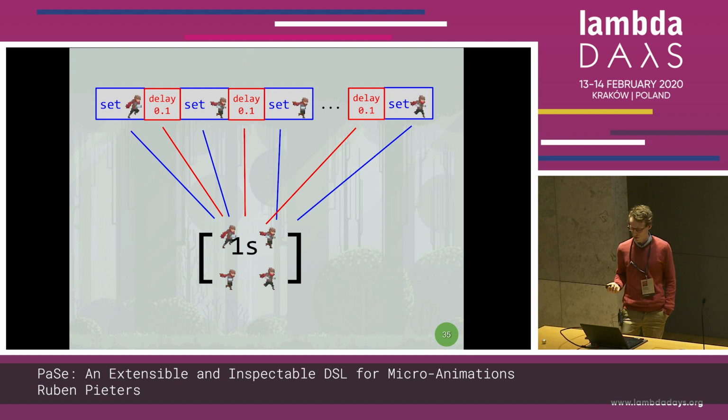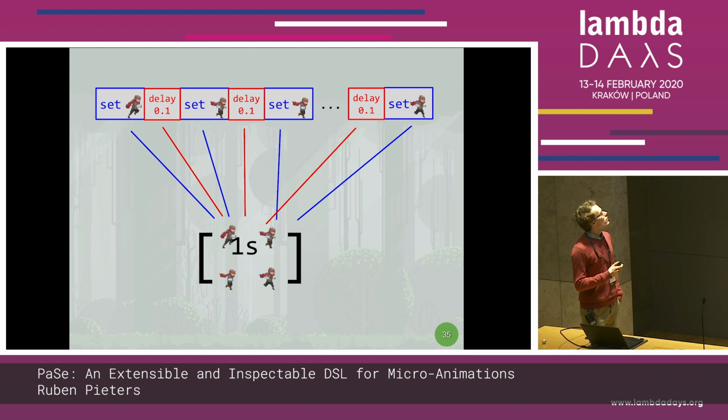Something similar works for the duration: the delay constructor has our duration inside it, so we extract that duration, we extract the zero duration for the set, and then add everything up for the sequential composition.